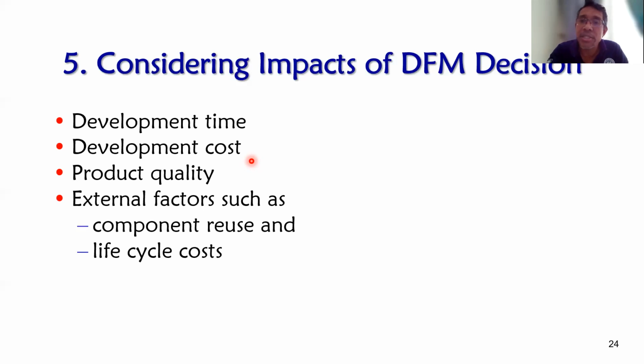Okay, so it's not uncommon for DFM focused primarily on manufacturing cost reduction to result in improvements like easy dismantle, easy recycling. So from this one, we think about all. When we think about that, easy to maintain, easy to service, easy to manufacture. So we go for the product quality.